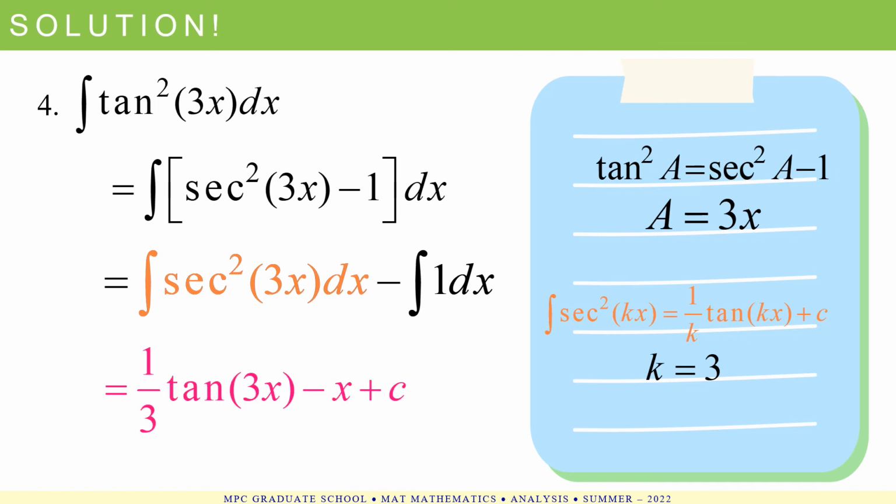So the integral of secant squared 3x with respect to x is 1/3 tan 3x, minus the integral of 1 with respect to x, which is x, and then plus c. Therefore, the integral of tan squared 3x with respect to x is 1/3 tan 3x minus x plus c.